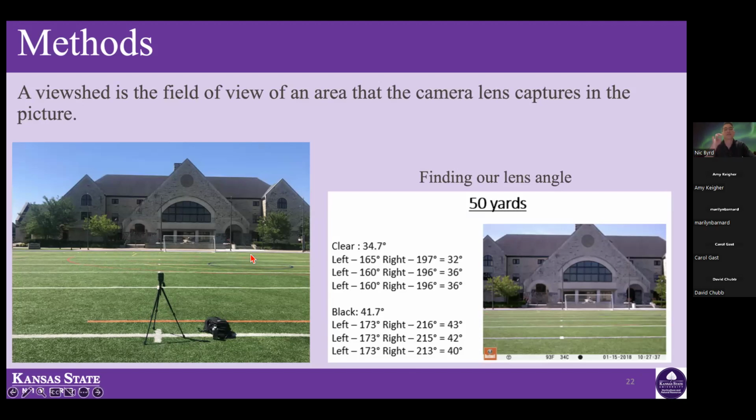And so we basically took a picture using the camera, uploaded it, and I had two different compasses that I shot azimuths with. So I would look where the left limit and the right limit was for our picture, and then shoot an azimuth, and then subtract it, and then do it multiple times and try to get an average, and then see whether we could find a lens angle this way.